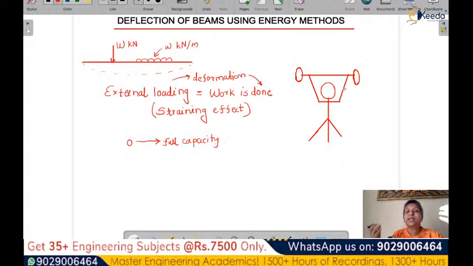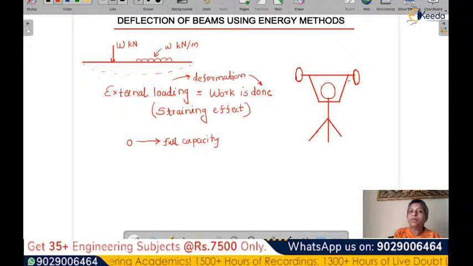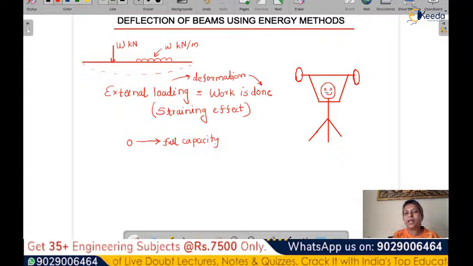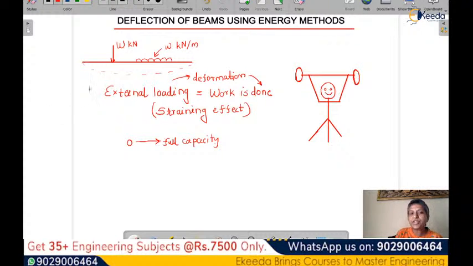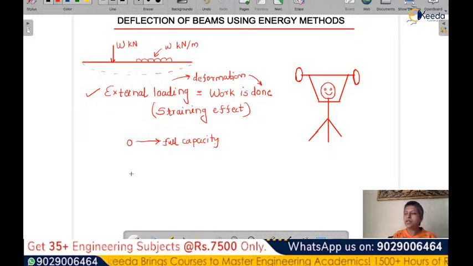It may be 50 kg or 100 kg, there are so many lifting competitions we see. They can hold this much load, and finally they take the total load and we don't see any tension on their face. They are smiling. So they have their internal capacity, their internal resistance to carry that much load. Similarly, when there is external loading on a structure, there is internal resistance from the structure side as well.